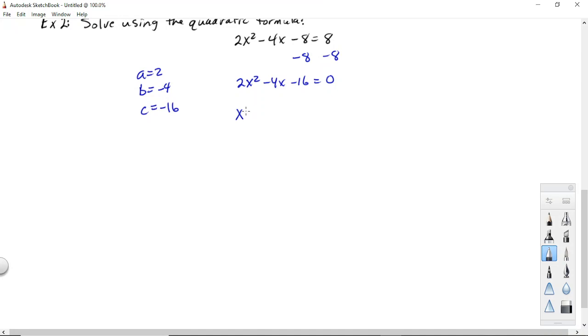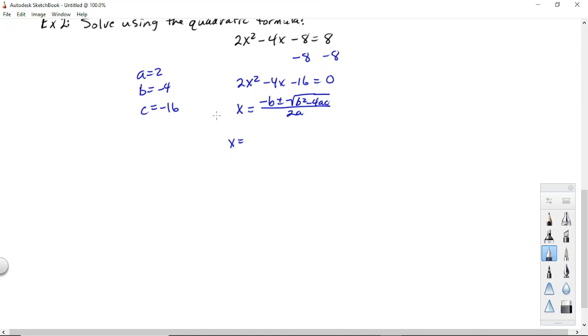So I'll write down the formula again here. X equals negative b plus or minus the square root of b squared minus four ac, all over 2a. So we plug everything in.